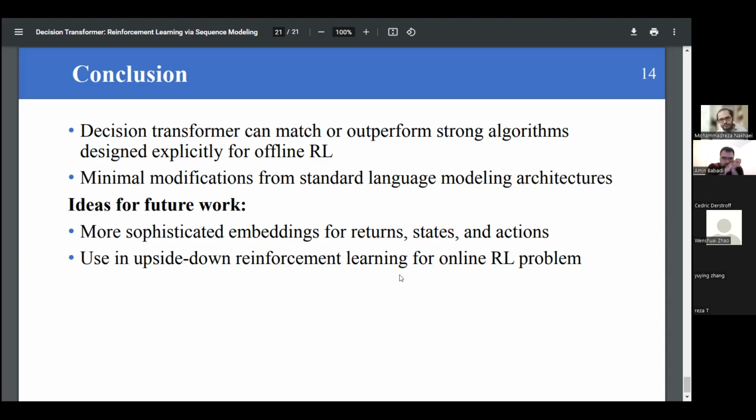And I did some experiments with this, and actually the GPT architecture can improve the performance compared to fully connected neural networks in upside down RL. Thank you for your attention, and if there are any questions, I'm available.